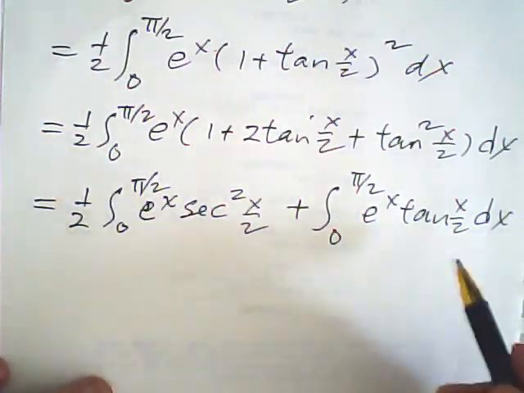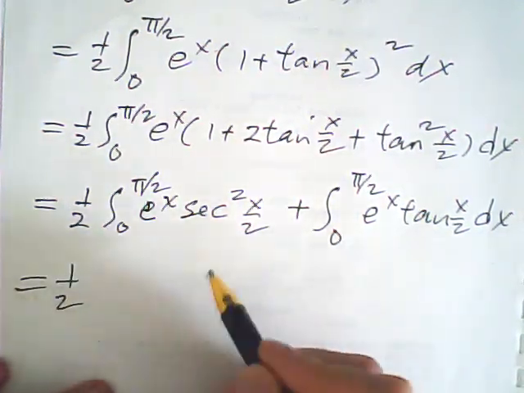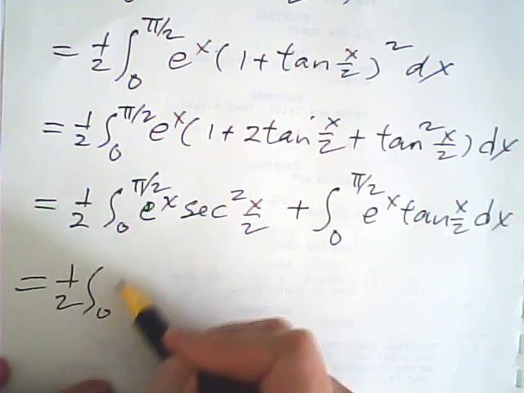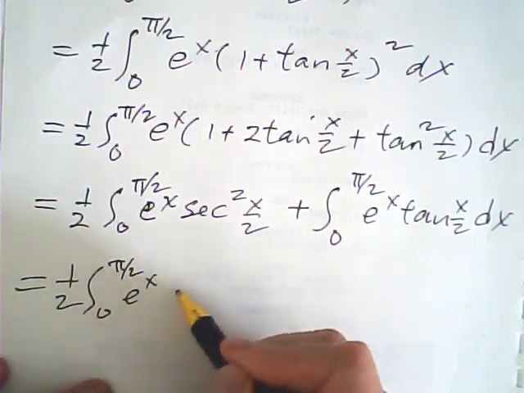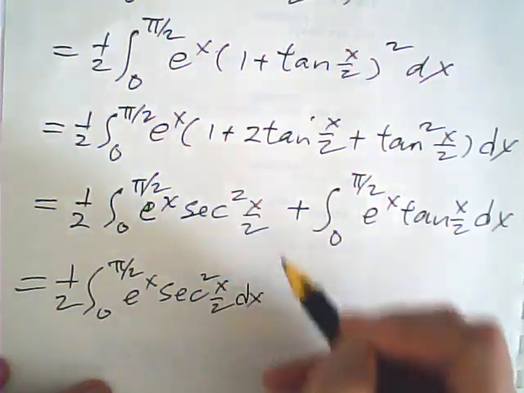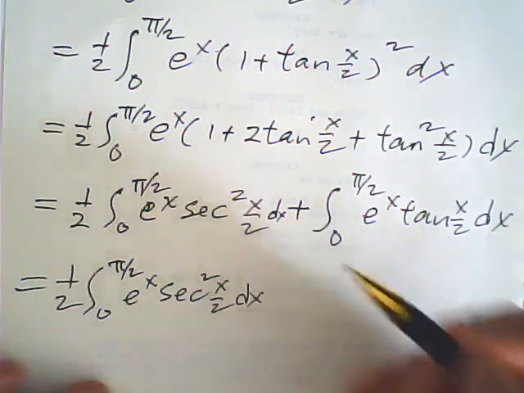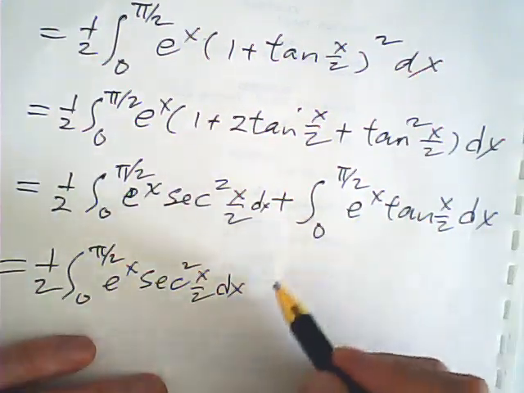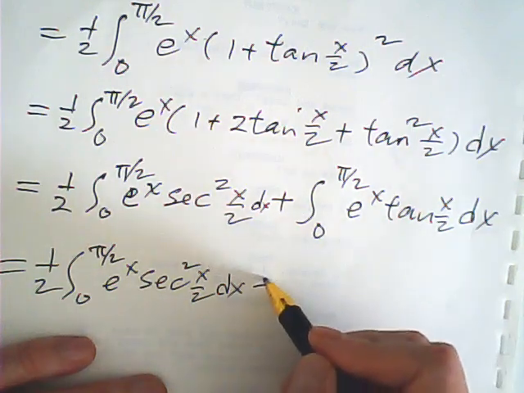Good. Now then come back as in method 1. This is x secant square half x dx, and this one by parts, right?